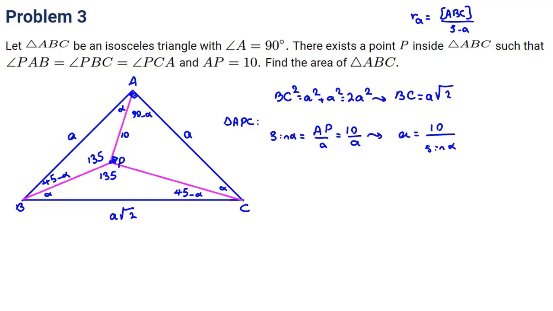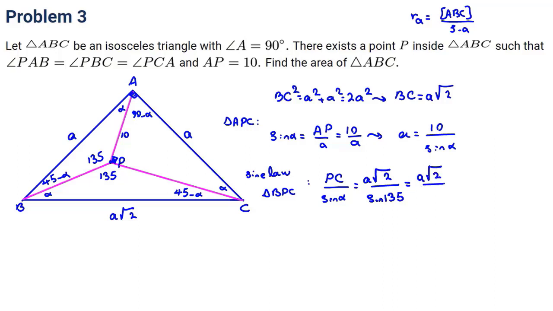Now we found an equation that contains A and sine alpha. If we use sine law in triangle BPC, then we can say PC over sine alpha equals A root 2 over sine 135.